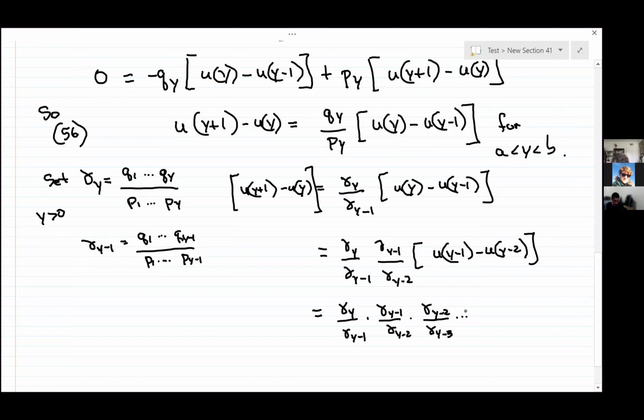And so it would go, and it takes a little while to convince yourself of it, but where this comes to the end is when you get finally down to a. Remember, y was between a and b, and here we're decreasing y, so we're getting closer and closer to this. So the end of the line of this argument occurs when you get down to gamma of a plus 1 divided by gamma of a.